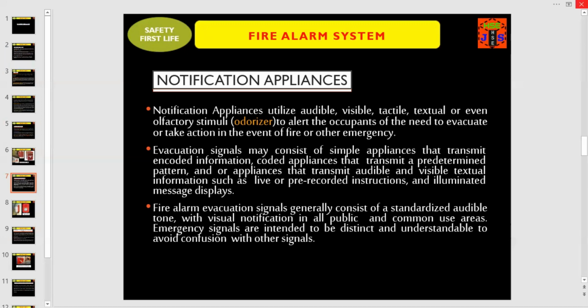Fire alarm evacuation signals generally consist of a standardized audible tone with visual notification in all public and common use areas. Emergency signals are intended to be distinct and understandable to avoid confusion with other signals.